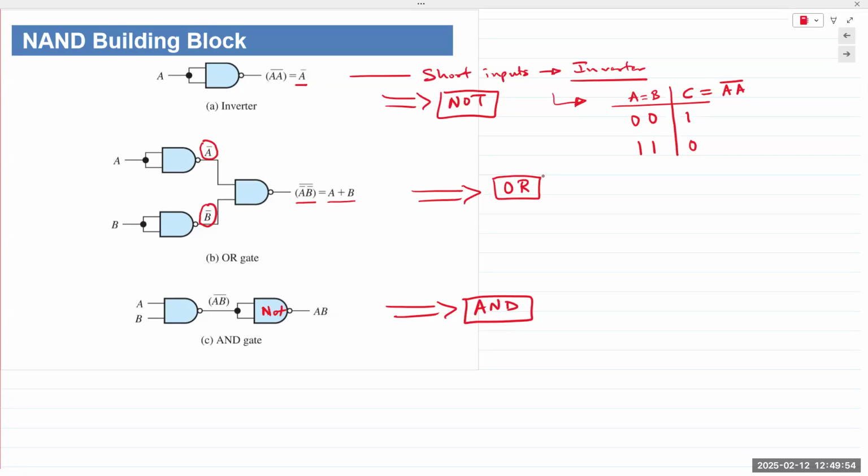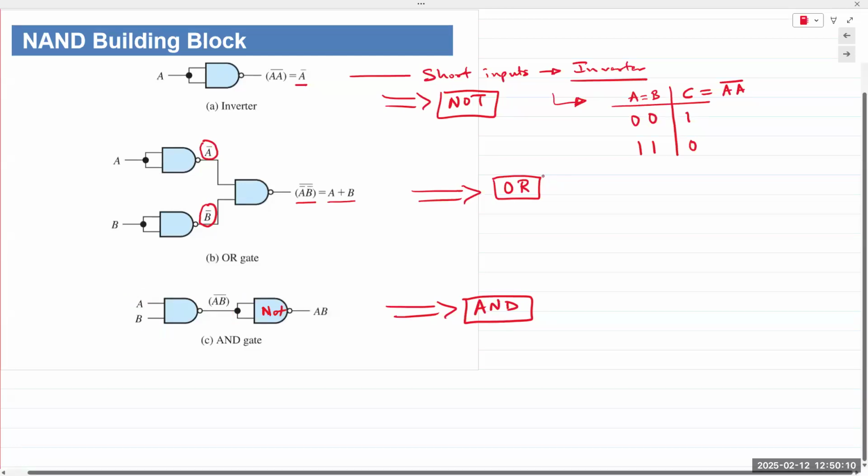Yes. Where? Here? Here. Yes, it would become A and B naught, which is the output of the NAND gate.